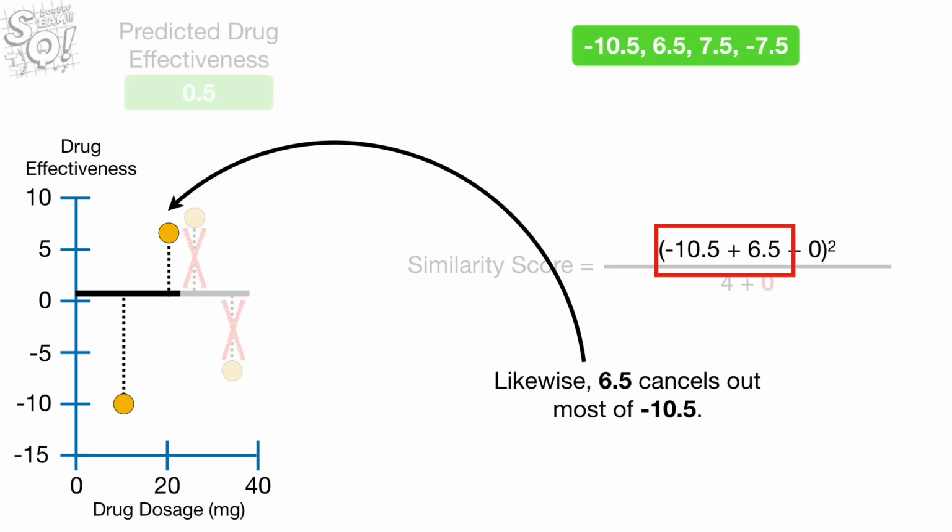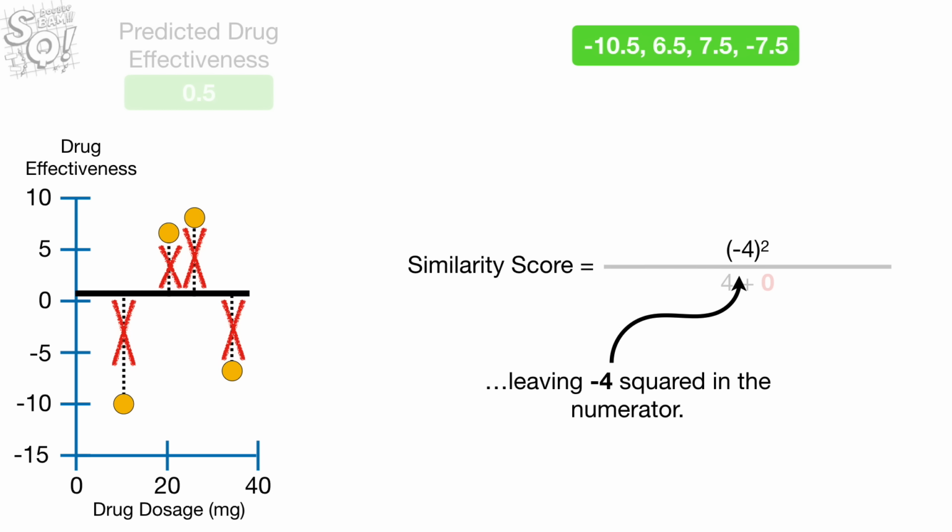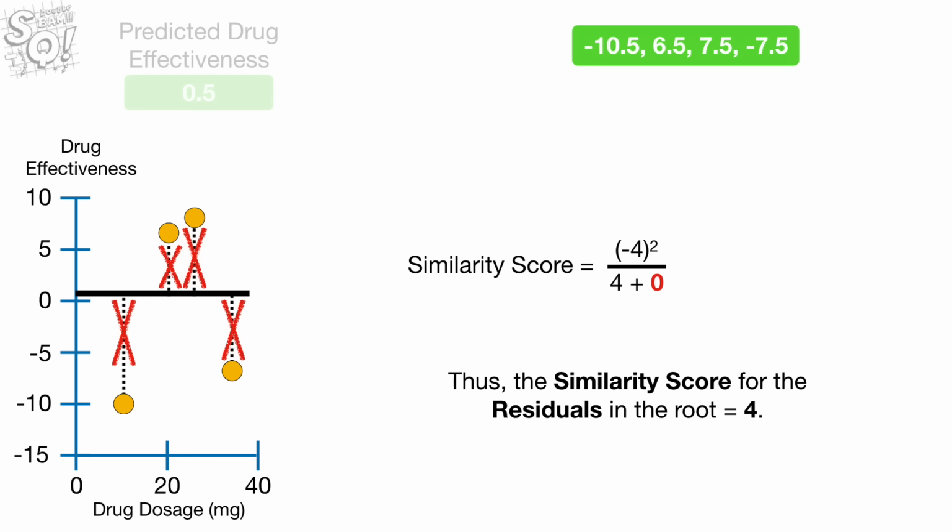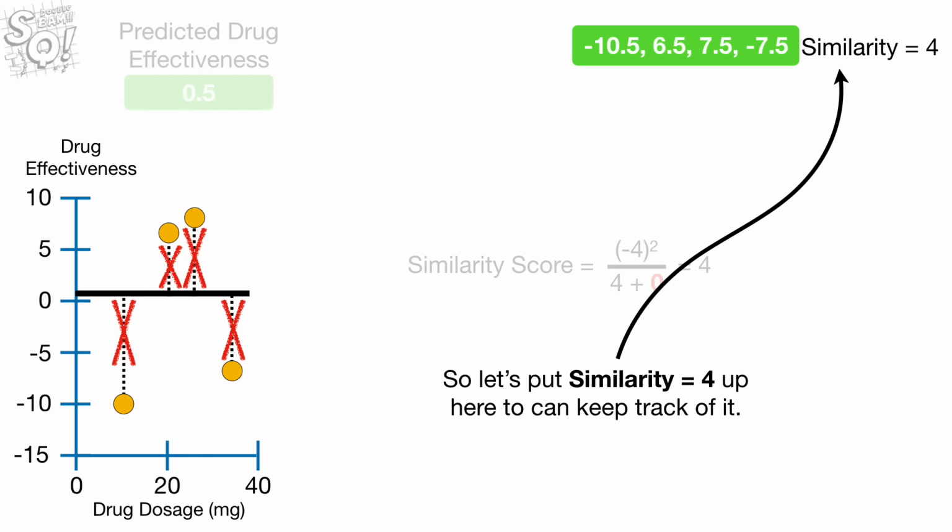Likewise, 6.5 cancels out most of negative 10.5, leaving negative 4 squared in the numerator. Thus, the similarity score for the residuals in the root equals 4. So let's put similarity equals 4 up here so we can keep track of it.